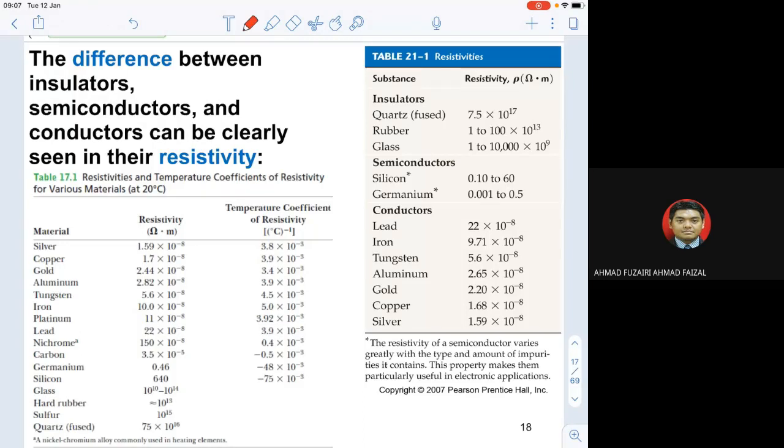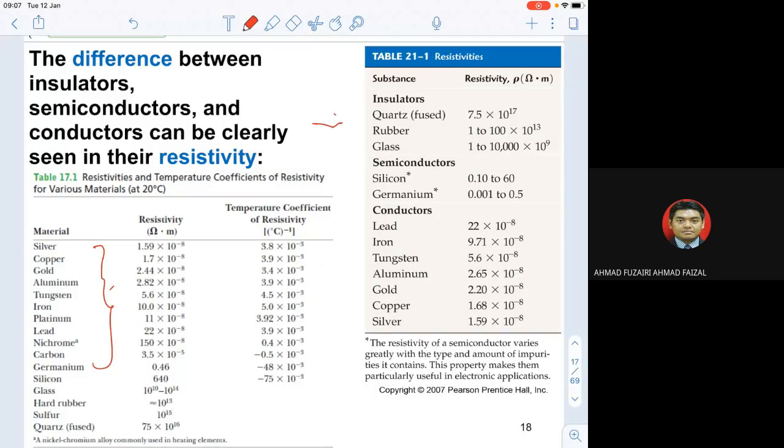This part is more to metals, this part is the semiconductors, and the last part will be the insulators.